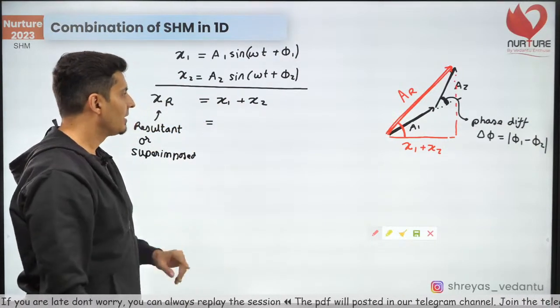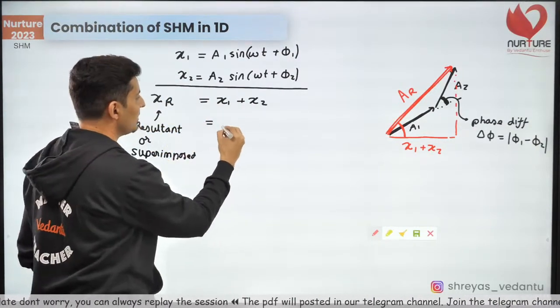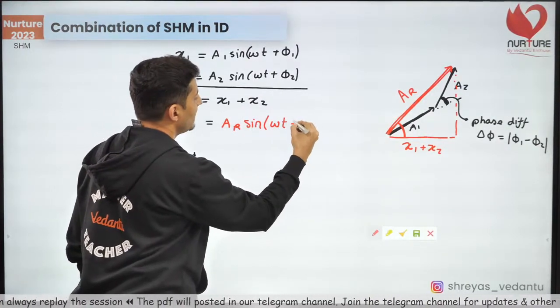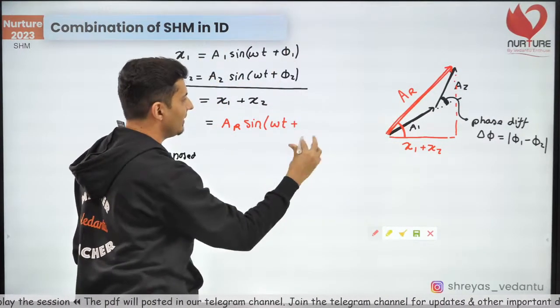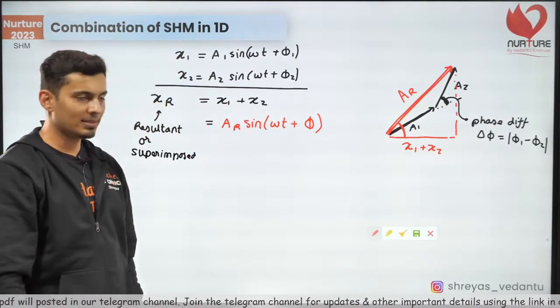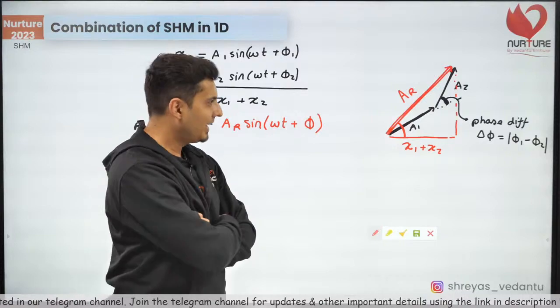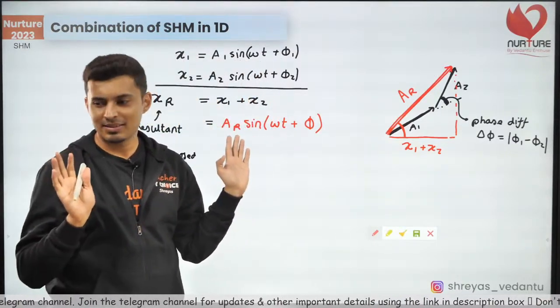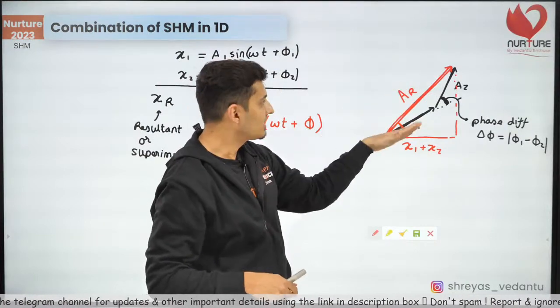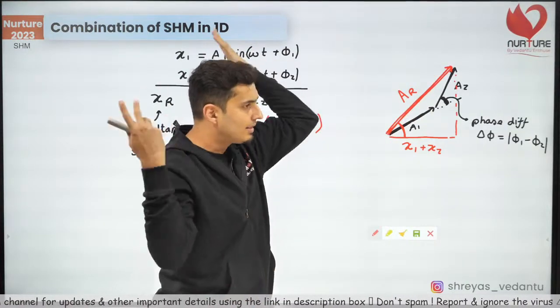So the final expression will be AR sine(omega t plus some other phi). Okay, is that understood, my warriors? Because this will have some other angle itself. This had phi 1, this is phi 2, this is phi 3 maybe.